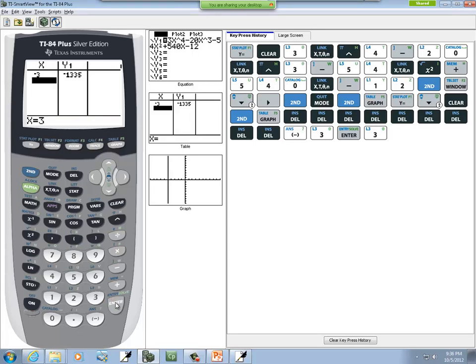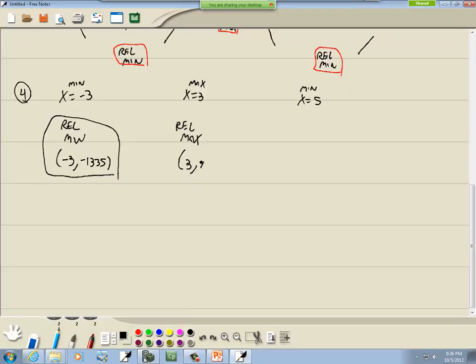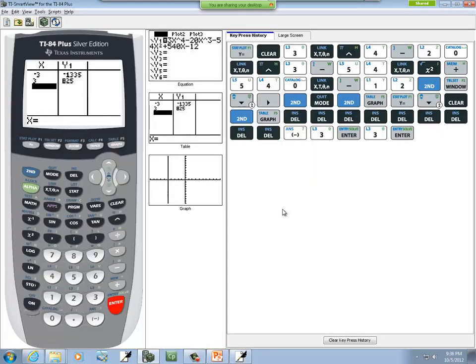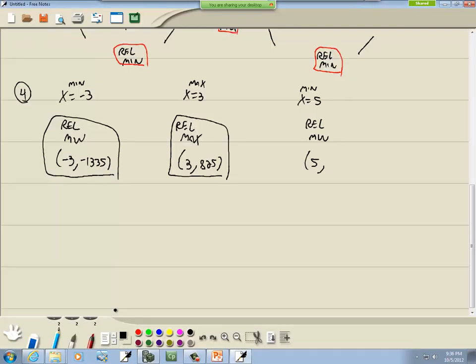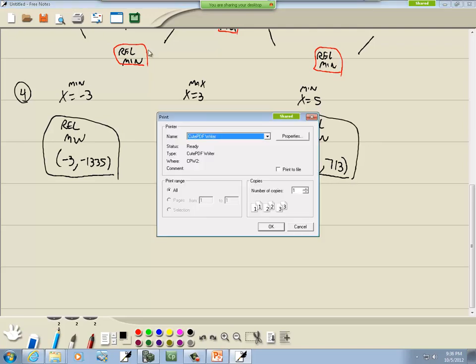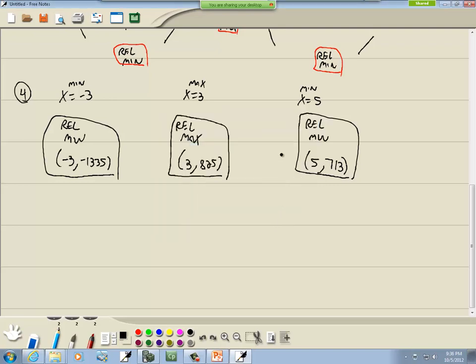I'm going to come over here, do 3, enter. 3,825. Now these are pretty big numbers, because I made these problems up, so some of them do come out that way. And this one will be 5, enter, which is 713. And those are our relative extrema for that problem. So let me save that.